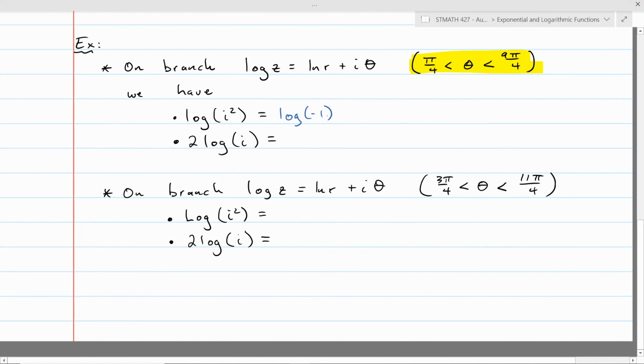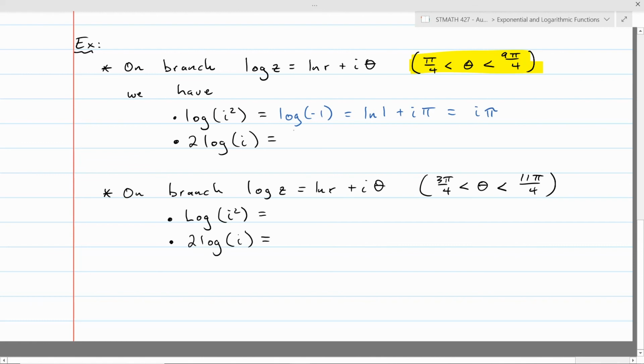And the angle of negative 1 is pi, right? That's the angle that falls within the yellow region of angles. So take natural log of the modulus of negative 1, which is just 1, plus i times the angle, which would be pi. So this comes out to i pi.